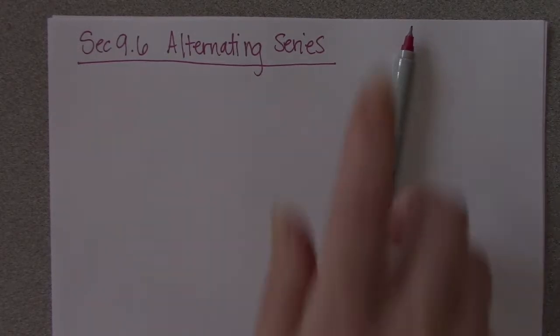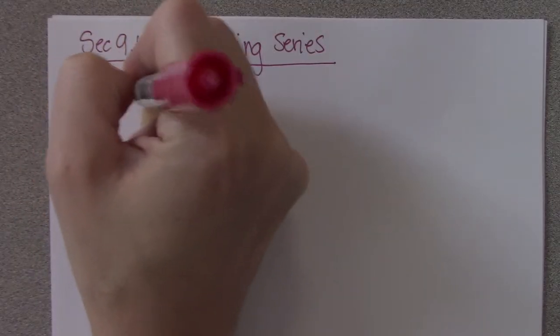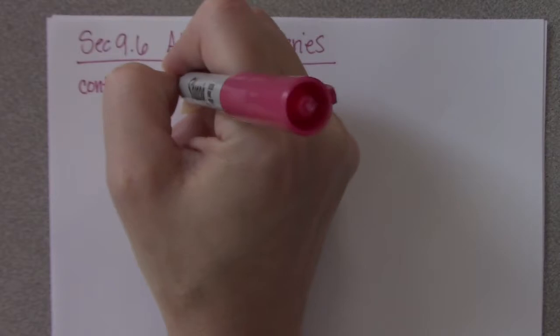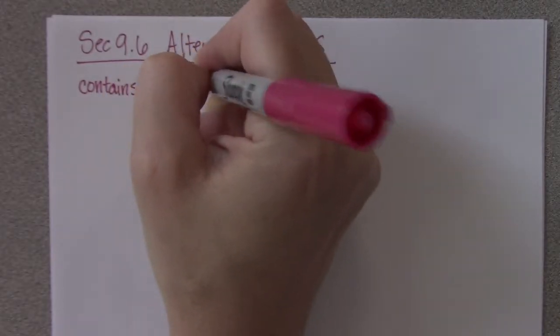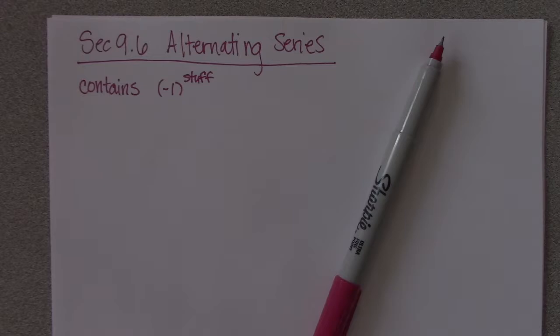So the way that you identify an alternating series is it will always contain a term of like -1 raised to some stuff, okay? And so that term in the series is what's going to make it bounce back and forth between positive and negative.